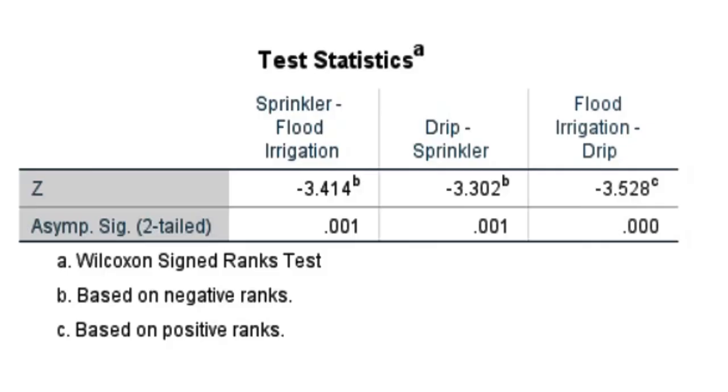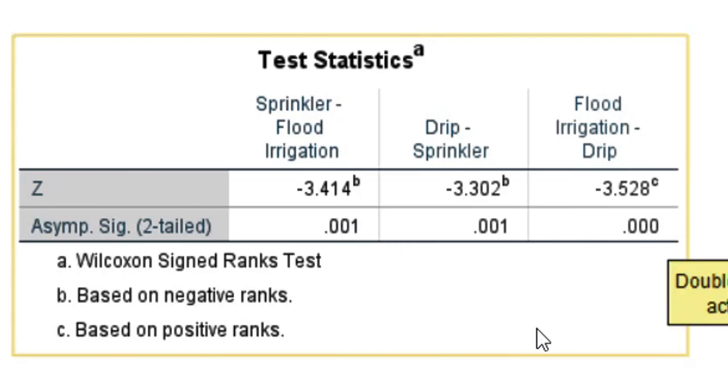The result indicates that all pairwise comparisons are statistically significant because the p-values for all pairs are less than 0.05. The findings also indicate that each irrigation method produced significantly different crop yield. Drip irrigation produced the highest yield, followed by sprinkler, while flood irrigation resulted in the lowest yield.